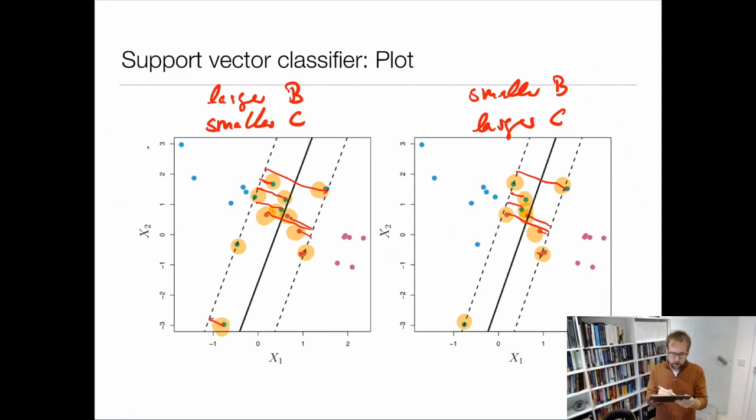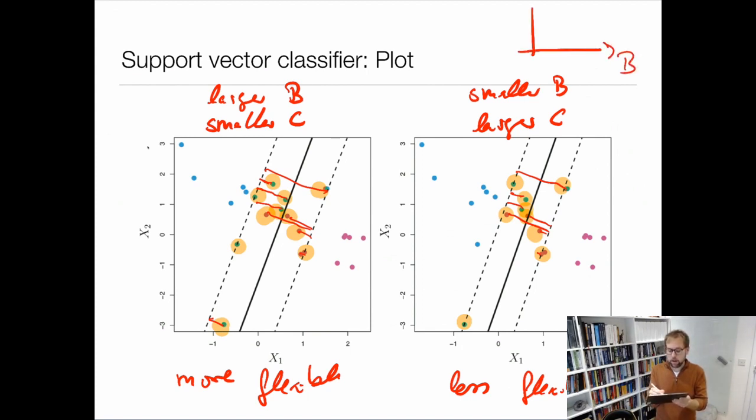This one here is more flexible, and this is less flexible. Again, I would obtain it by looking at the test error and doing cross-validation, finding the optimal value of B, which gives me the best test error, just using the standard bias-variance trade-off. So this is the main formulation of support vector machines, support vector classifiers.